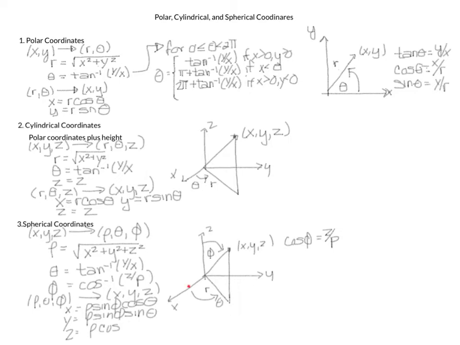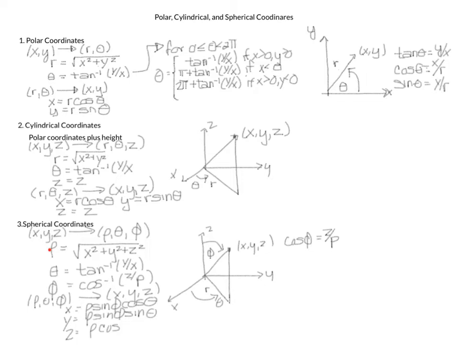We still measure the angle from the x-axis, so that is our same measurement for theta as we had in polar coordinates. And the third unit that we need is phi, and phi is the angle between the z-axis and our vector. So these 3 measurements, rho, theta, and phi, will determine a point uniquely in 3 space.